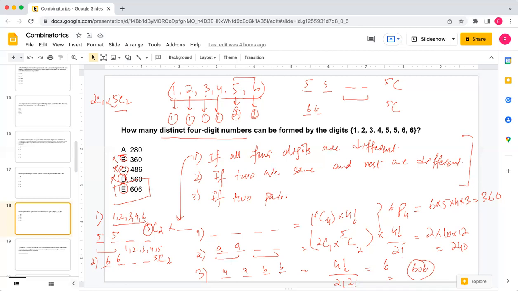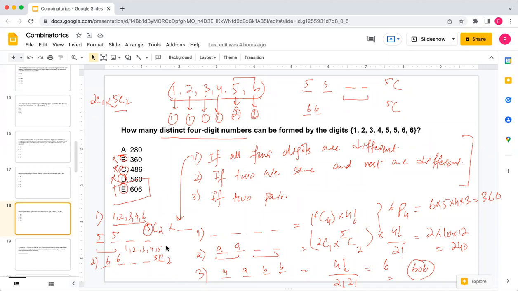I'm still confused about the approach, like how we can come up with this approach. Where is the confusion? As it is mentioned, distinct 4-digit numbers can be formed from the mentioned digits. So what you need to figure out is that this distinct doesn't mean that you need to choose distinct numbers.